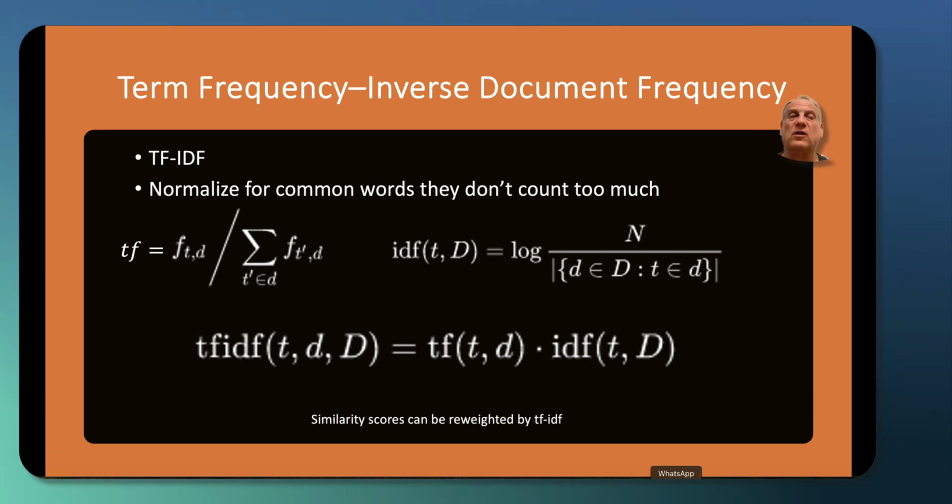But even so, there are words like maybe run, which come up in political articles, and they also come up in sports articles on baseball, for example, or in track, or somebody could have a run in their stockings. So this is a word that comes up a bunch of times in different contexts. It's a pretty common word, so it may not be that distinctive, but it's not a stop word. We do want to count it somehow.